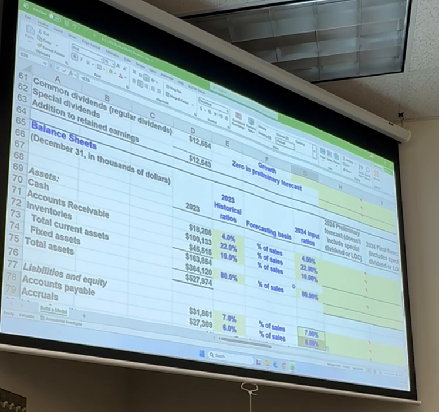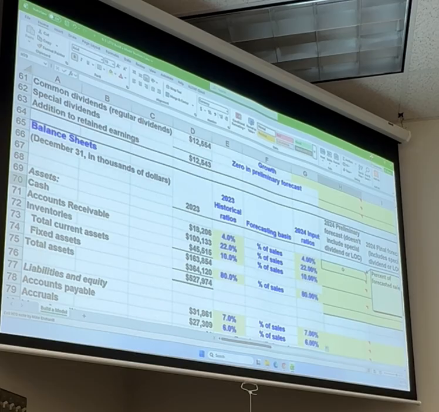So we can go ahead and do the preliminary forecast on these. So these are percentage of forecasted sales, so equals the 4%. Wait a minute, let's get that right. 1 plus the 4%. You did times.